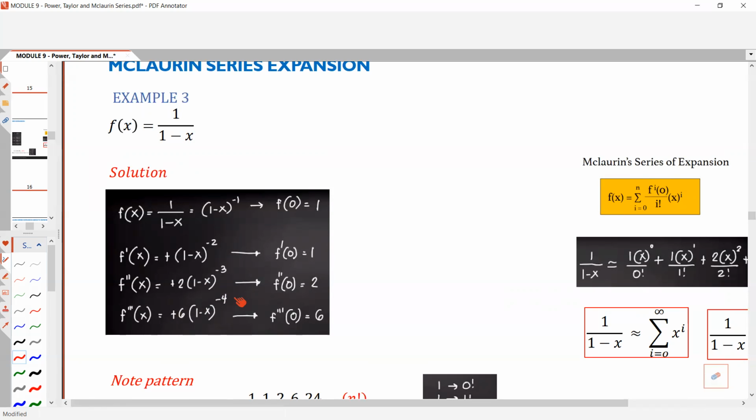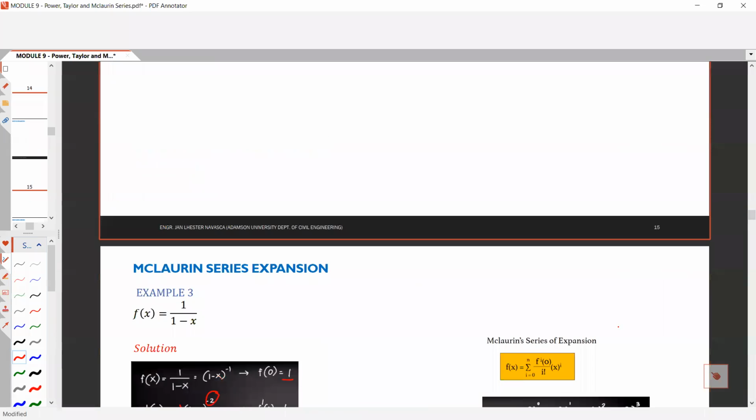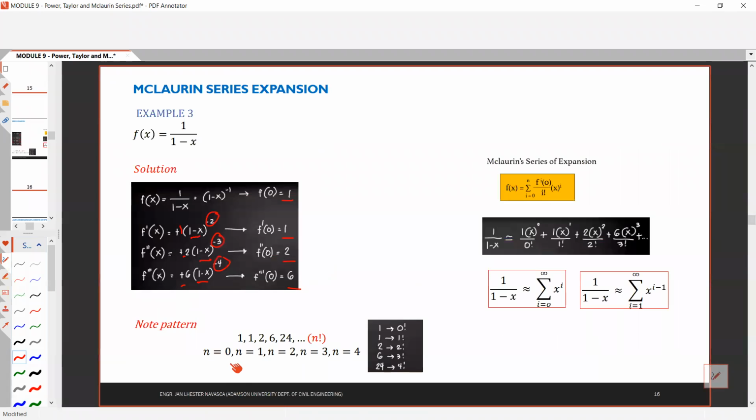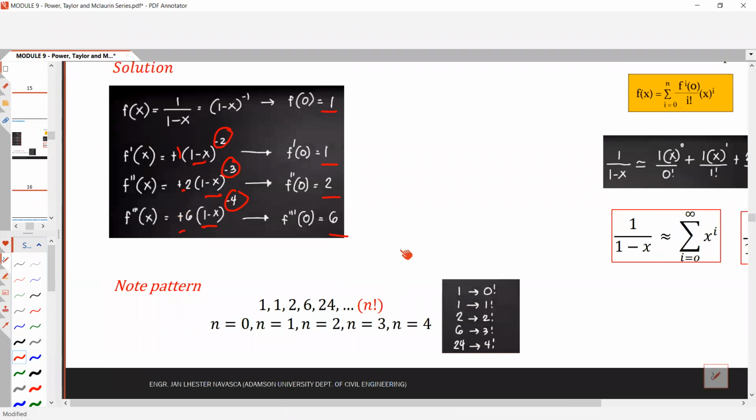I did not continue because I notice that there is always a 1 minus x, and only the coefficient and the exponent change. I already saw a pattern: 1, 2, 6. What pattern did you see? If you see a pattern, this is what I gave you in the preliminaries: 1, 1, 2, 6, 24 is simply n factorial.